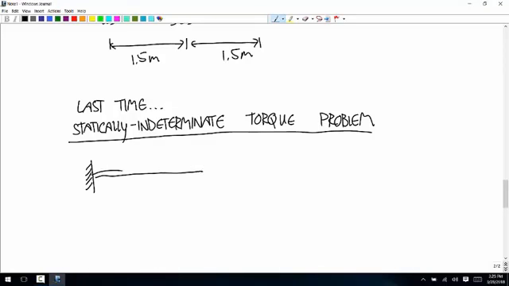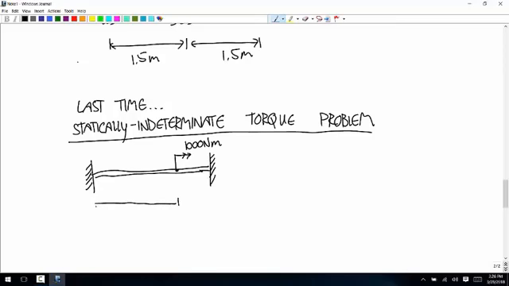So there was this bar between these two fixed supports. And there was a torque one way or the other of, I think it was 4,000. Opposite way. Oh, 1,000? So 1,000 Newton meters.